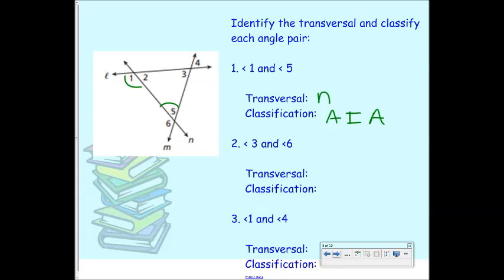All right, 3 and 6. What's the transversal for 3 and 6? M. Why, Micah? Because it's the line that touches both of them. So M. Okay. And then, what are my other two lines? L and N. So are 3 and 6 inside, or is one inside, one outside?